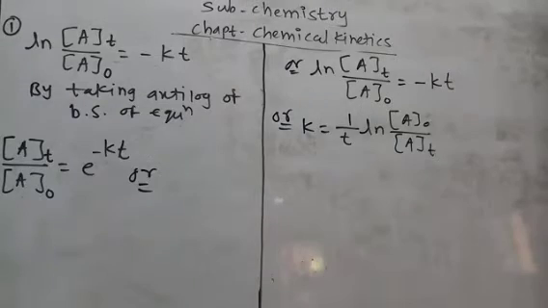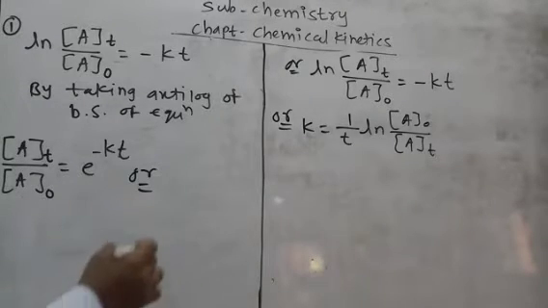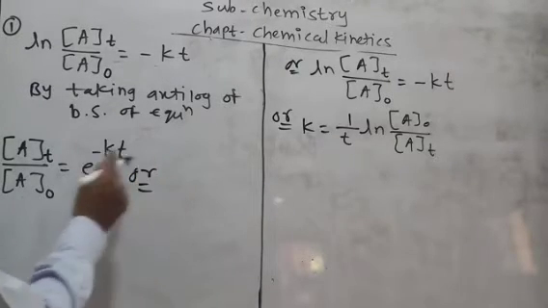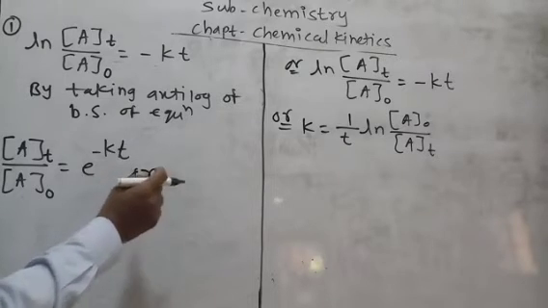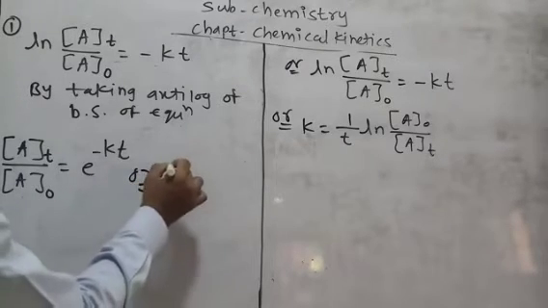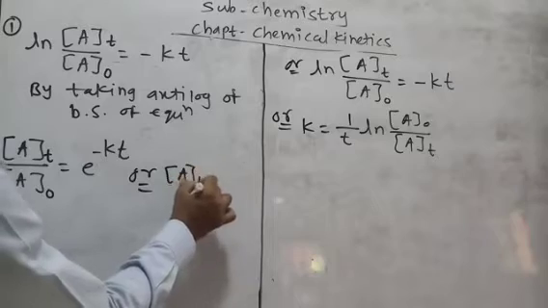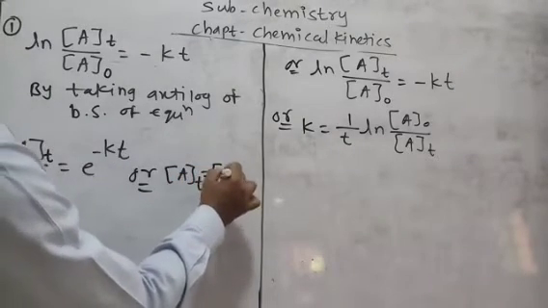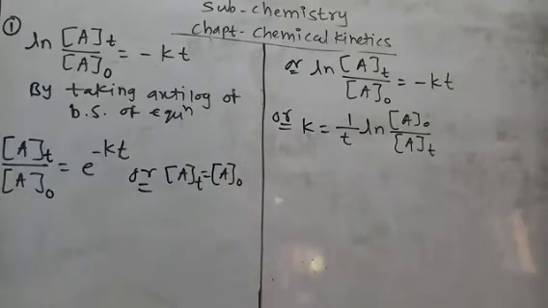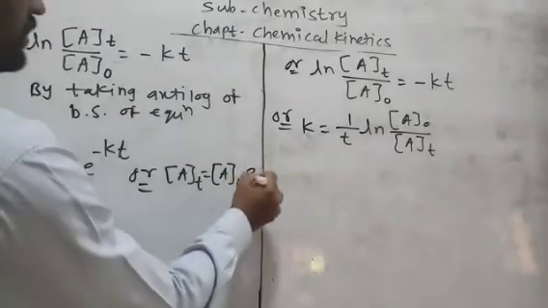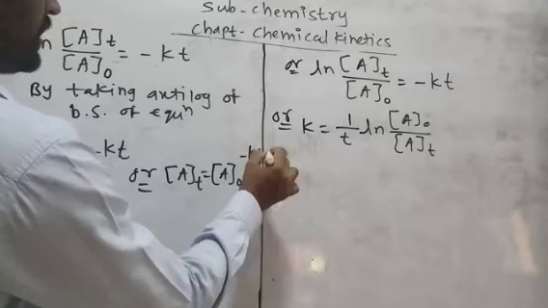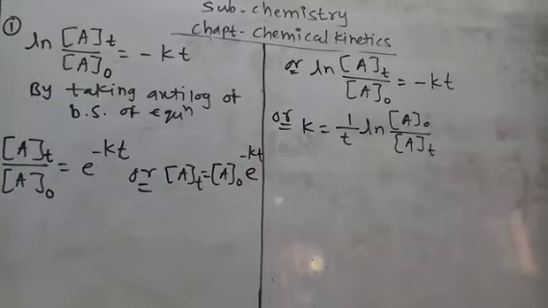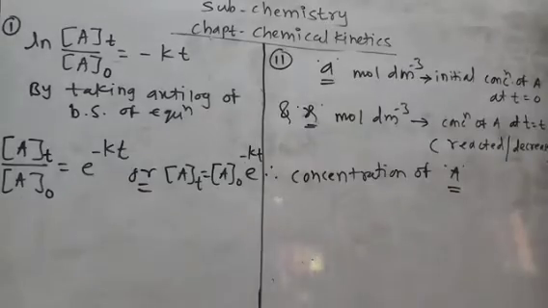Or that equation is also written in a different form, that is the concentration of A at t is equal to the concentration of A at 0 into e raised to minus kt. So that is a different form of writing the rate law.